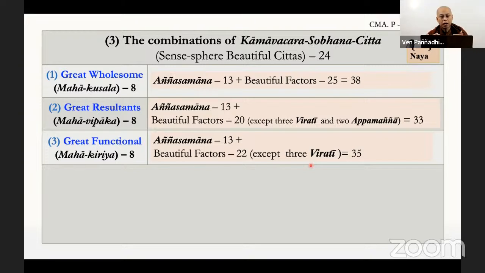That deliberately abstaining nature cannot happen in the Arahat's mind, because the cause to transgress or to commit the unwholesome has already been removed. So for the Arahat it is not necessary for the Viddhati nature to arise. That's why Viddhati becomes an exception, and it becomes 35. These are the most.